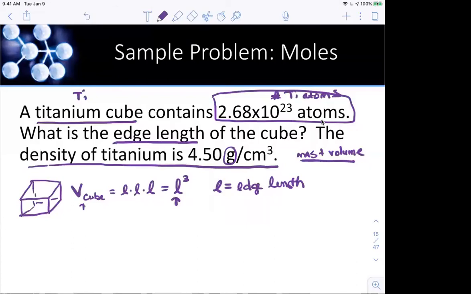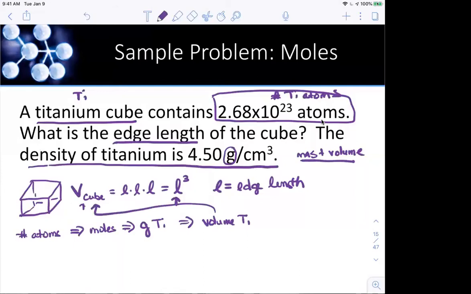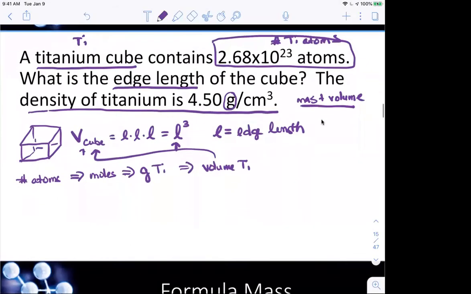So what I need is to convert the number of atoms to moles to the grams of titanium, and then get the volume of titanium. So I can solve it or stick it into this equation.